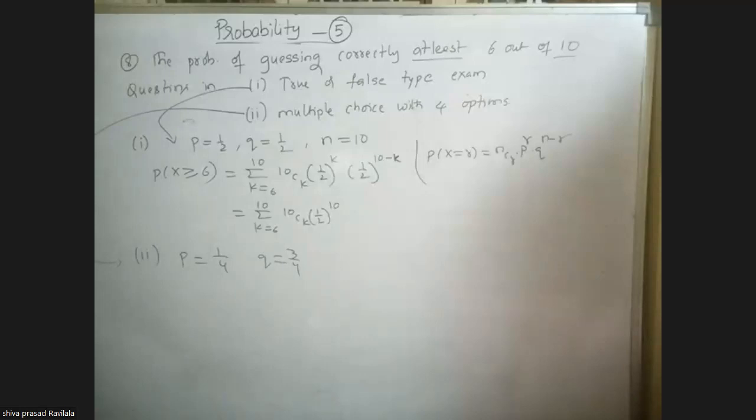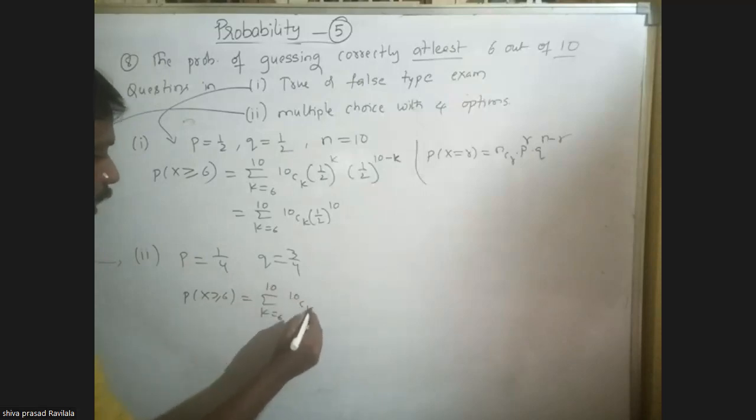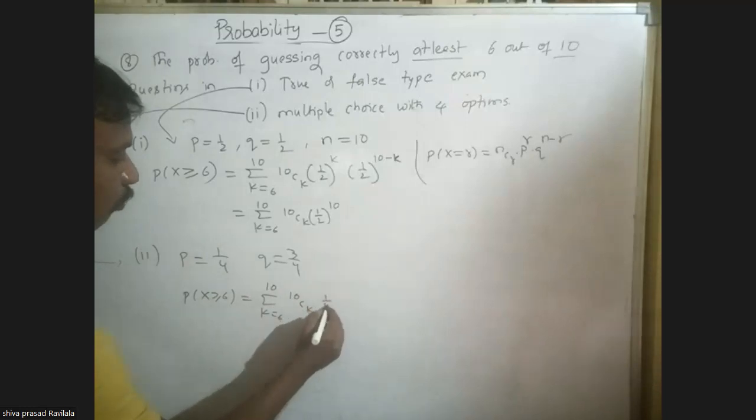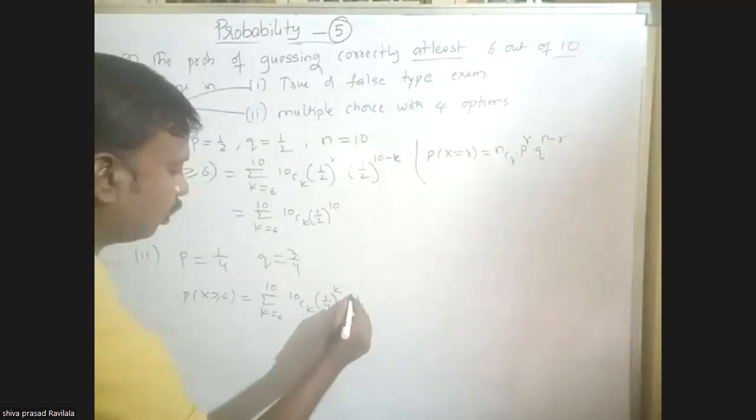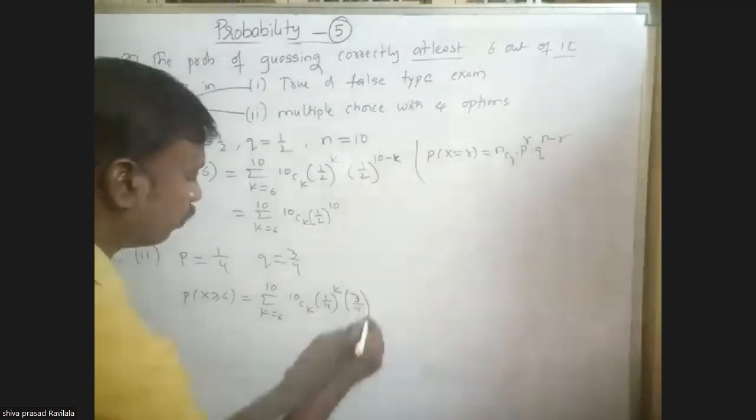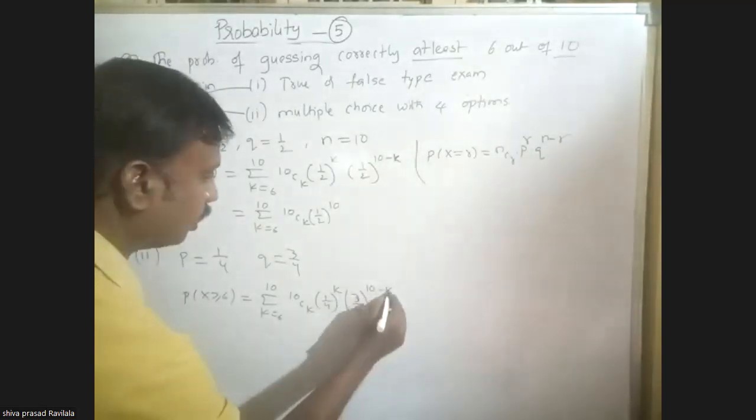Only one right answer, the remaining are wrong. Therefore probability of X greater than or equal to 6, and both are different: summation k equal to 6 to 10, 10Ck into 1 by 4 whole power k into 3 by 4 whole power 10 minus k.